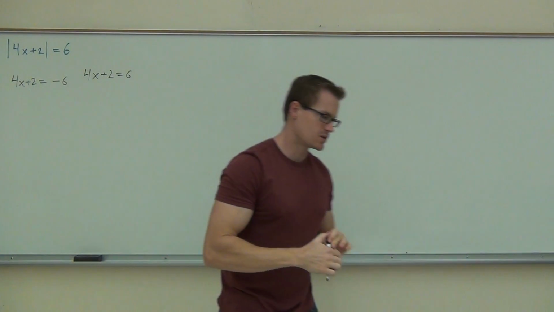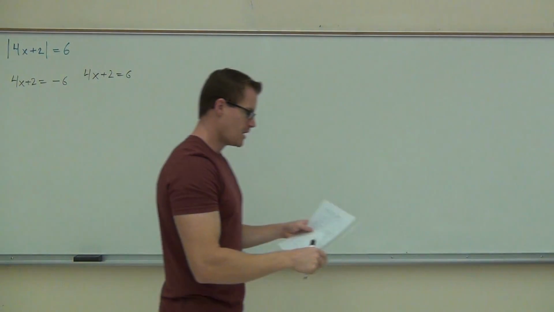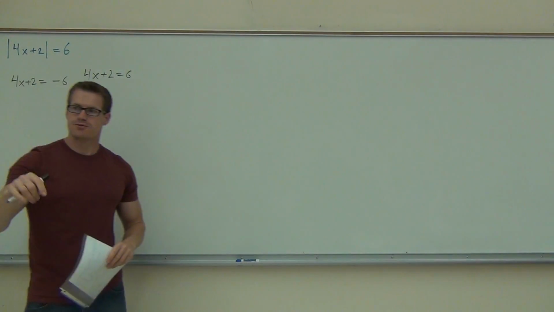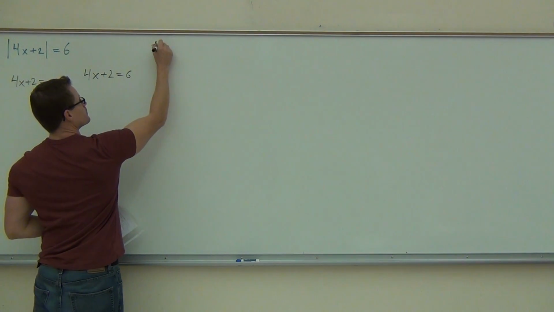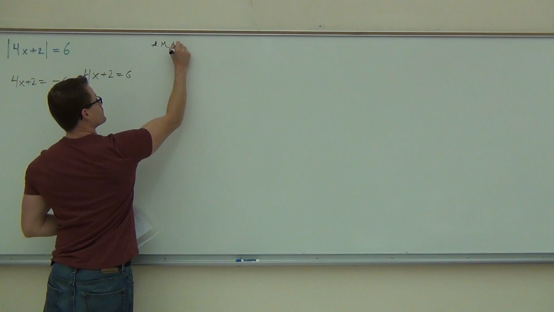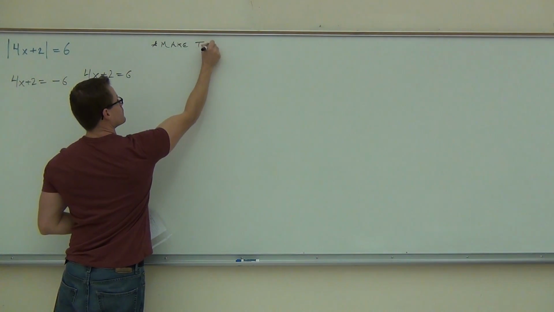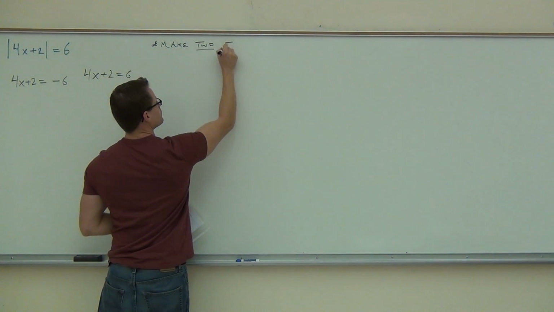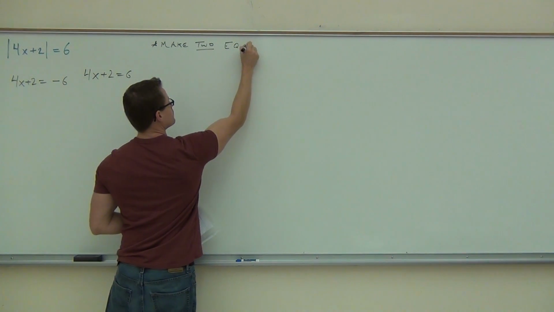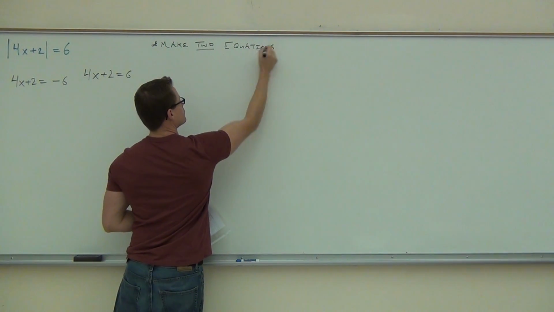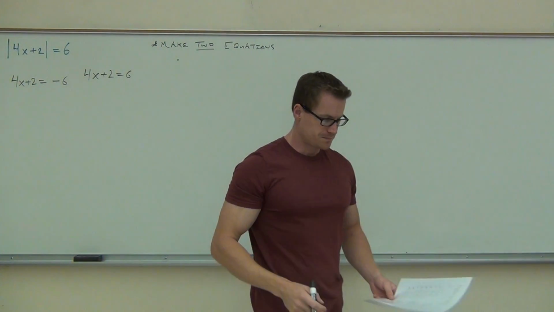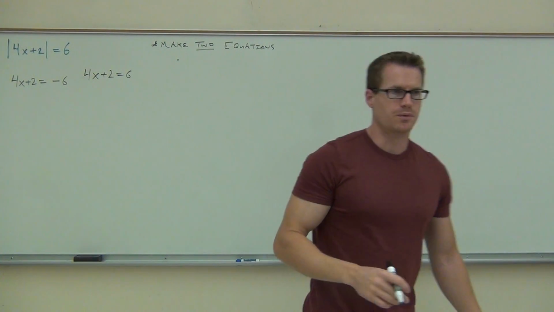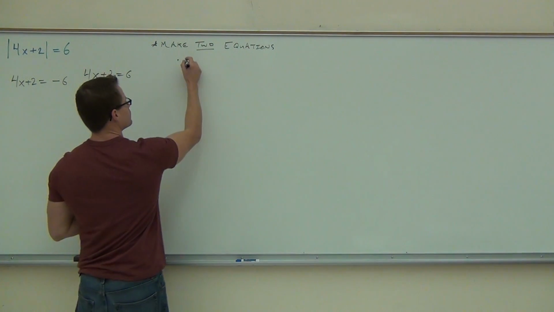So I want you to write down this note. This is what we didn't do last time. We are going to make two equations every time we see absolute value in this class. Make two equations. The first one equal to the number. So one of them equal to the number.